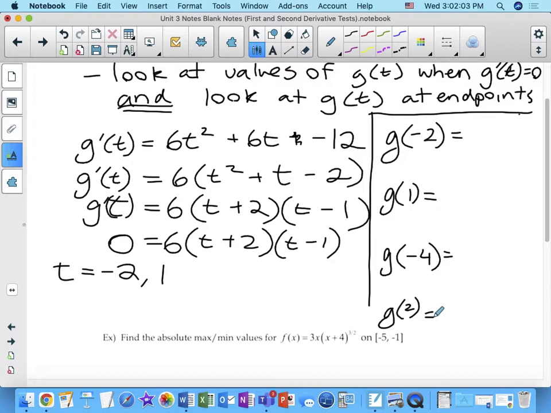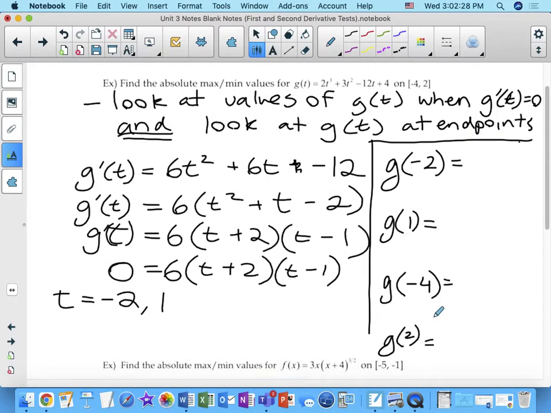We're only examining between, I think it was -4 and 2. We're not interested in that, so ignore those ones. But the two values of t where the derivative was 0 are within this interval, so we want to make sure that we figure out what those are.